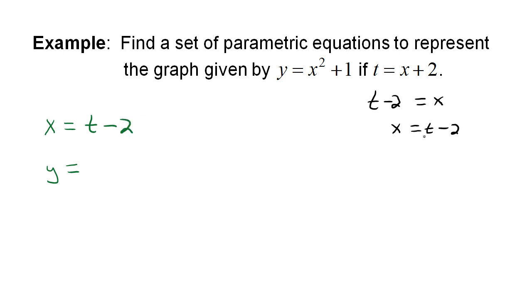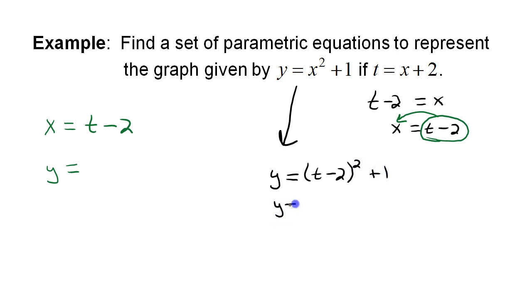Alright, so now, since x equals t minus 2, where I see an x in my equation, I'm going to substitute t minus 2. So for this guy, I'm going to substitute for the x, and I'm going to put t minus 2, quantity squared, plus 1. When I square that binomial, I get t squared minus 4t plus 4, and then I have a plus 1.